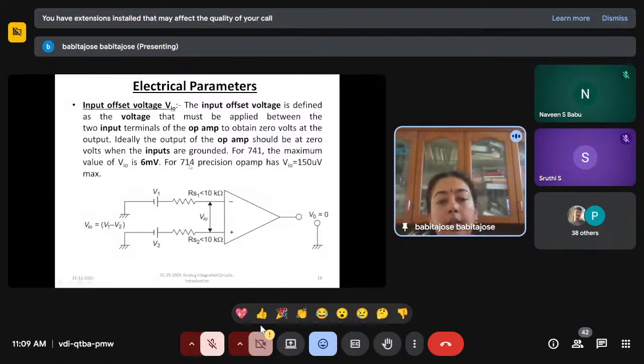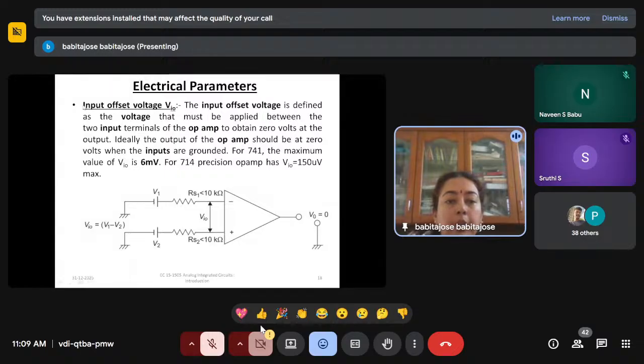And 714 is another op-amp which is called precision op-amp. Better op-amp, 714, has a smaller VIO, 150 microvolts. That means lower the value of VIO, better is your op-amp.